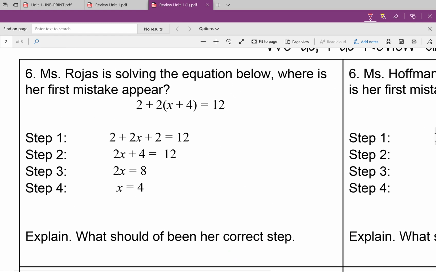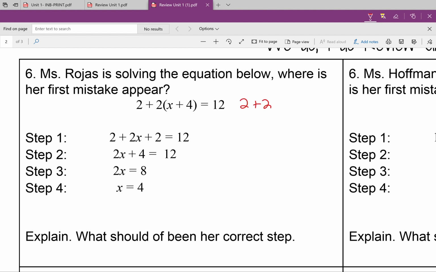Number 6 says Miss Rojas is solving the equation below. Where does her first mistake appear? So when we have these type of problems, the easiest way is to just go ahead and solve it on our own. So I'm going to pretend that these steps are not even there, and I'm going to solve it on my own off to the side.